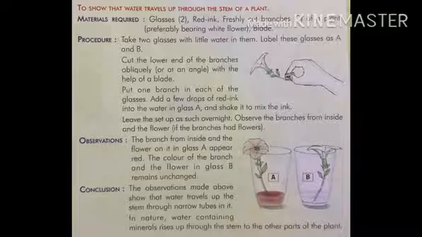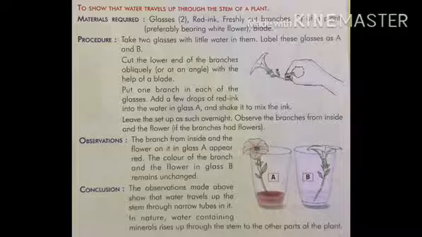Now the conclusion: the observation shows that water travels up the stem through narrow tubes in it. In nature, water containing minerals rises up through the stem to the other parts of the plant, meaning water is absorbed and moves upward in the plant.